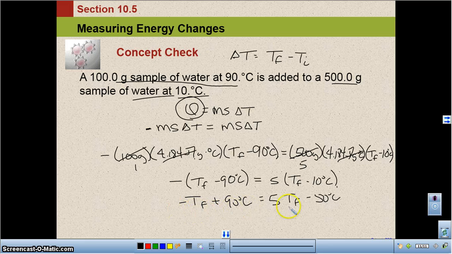And we are going to add T sub F to the right-hand side and add 50 to both sides. We have 140 degrees Celsius is equal to 6 times the final temperature. And when I go ahead and solve for T sub F, I take 140 and divide it by 6, and I have T sub F is equal to 23.3 degrees Celsius. So that would be the final temperature after these two come to the same temperature of 23.3 degrees Celsius.